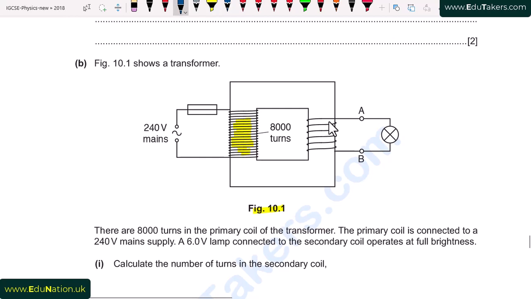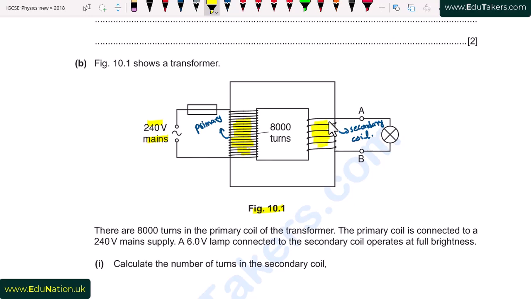This is the primary coil and this coil is the secondary coil. So when we switch on the 240 volt mains, current passes through the primary coil and there will be a change in magnetic field, that is an alternating magnetic field, in the primary coil, and this primary coil is linked with the secondary coil magnetically.